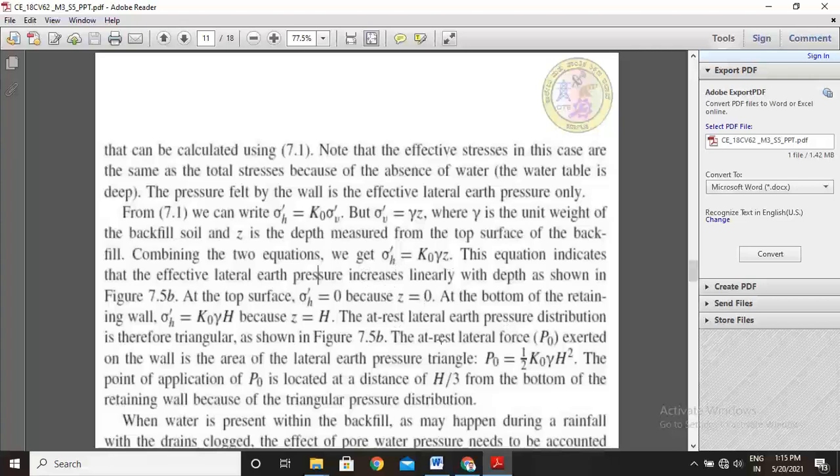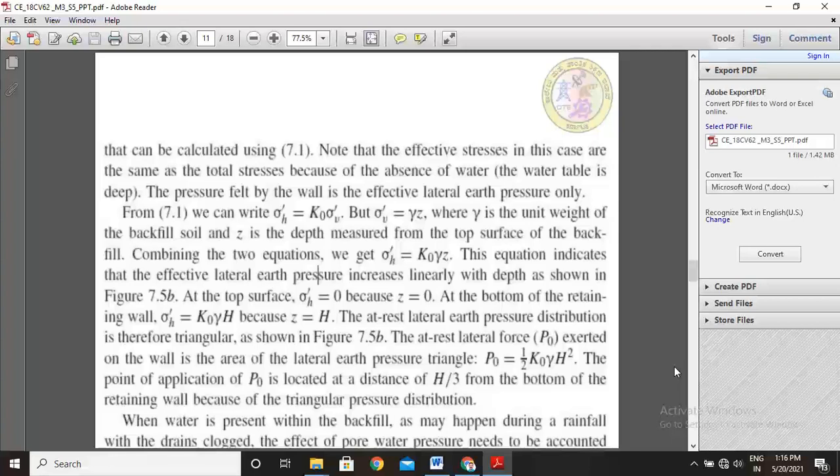This equation indicates that the effective lateral earth pressure increases linearly with depth, as shown in figure 7.5b. At the top surface sigma dash H is 0 because Z is 0.